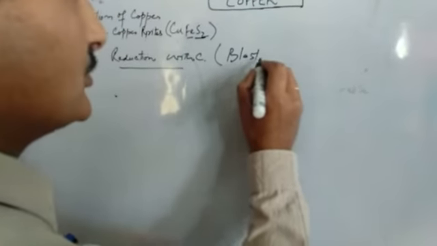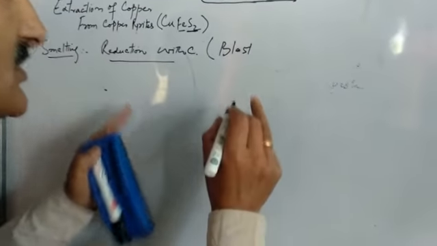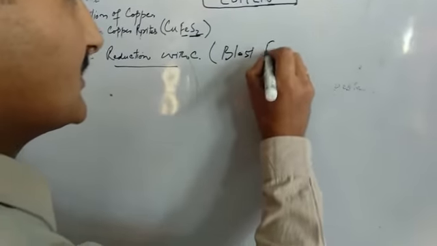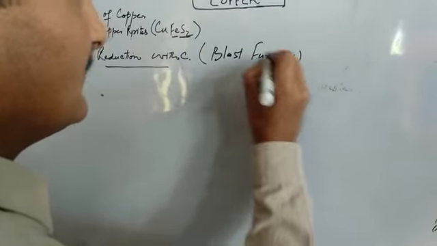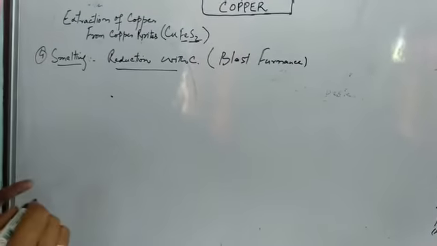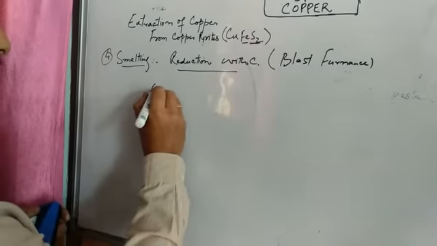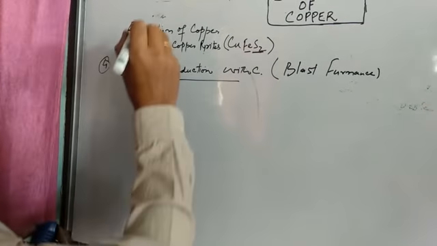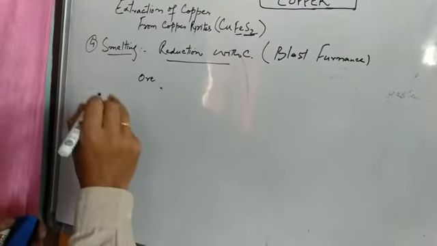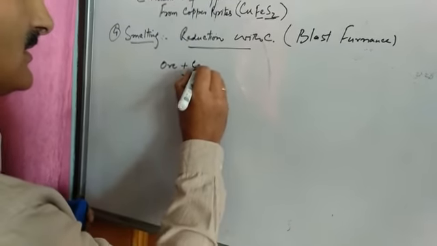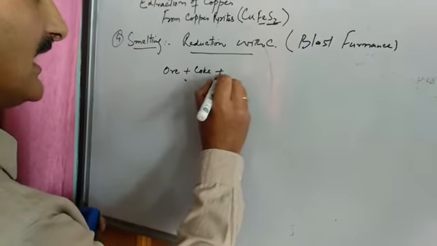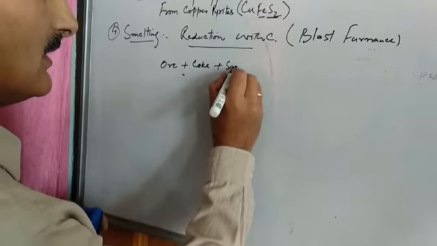Now I shall not go into the detailed construction of that blast furnace. What we do in blast furnace, we take ore. Which ore? The roasted ore that was obtained in the last step. Then coke, coke means carbon, plus sand, that is silica.